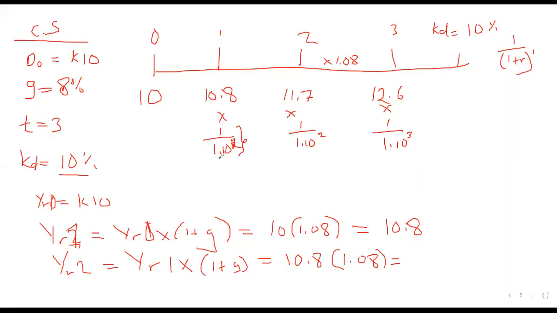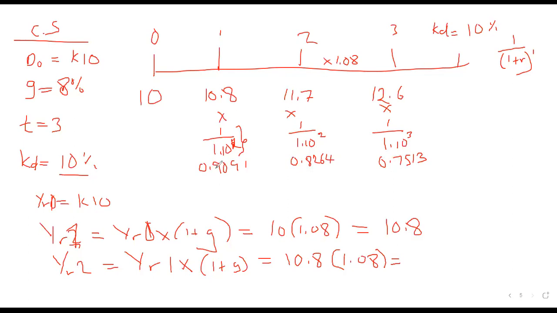Multiply them to get the present values. Multiply by 0.9091, this one by 0.8264, and this one by 0.7513. Are we multiplying or dividing?